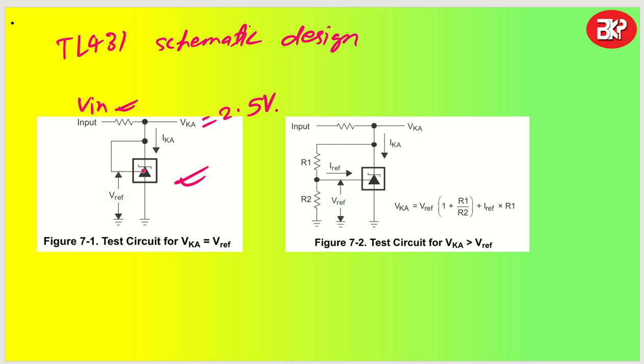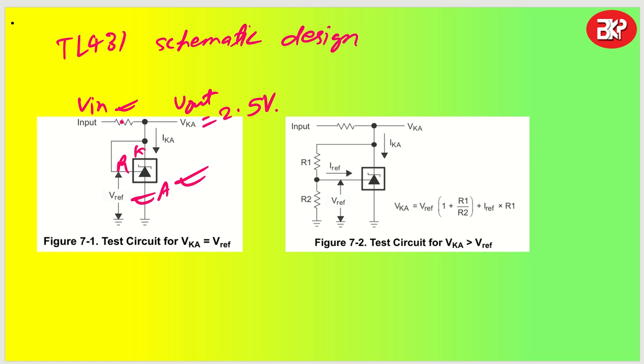My V output, which is going to be VKA, is equal to V reference, which is your 2.5 volts. Very simply, you can tie your cathode and reference together. This is my cathode point, this is my reference point, and this is my anode point. If you tie reference and cathode together, you will get your VKA as 2.5 volts output. So whatever the input is, if you want to regulate to 2.5 volts at the output, you can put in a current limiting resistor, and that is more than enough.